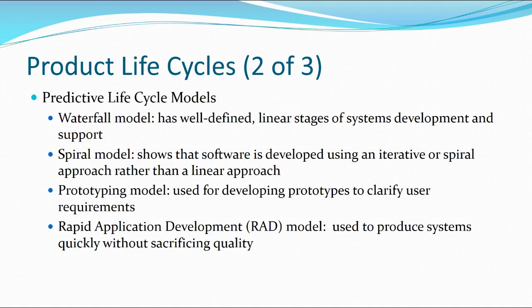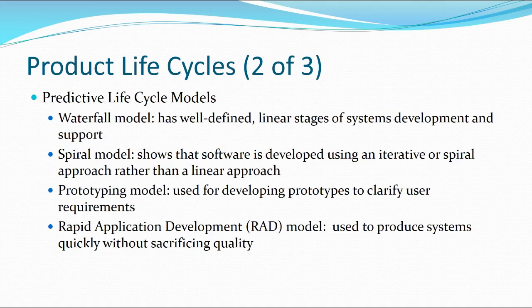For example, Microsoft Windows, which this recording is being produced on, has thousands of lines of bad code. If you want to know why they have to do system upgrades or patches, it's because this software was not perfect when it was developed. It was developed and designed in such a way to get it to market as quickly as possible while still having a reliable product. And that's a product of one of these other types of life cycle models, and probably not waterfall.